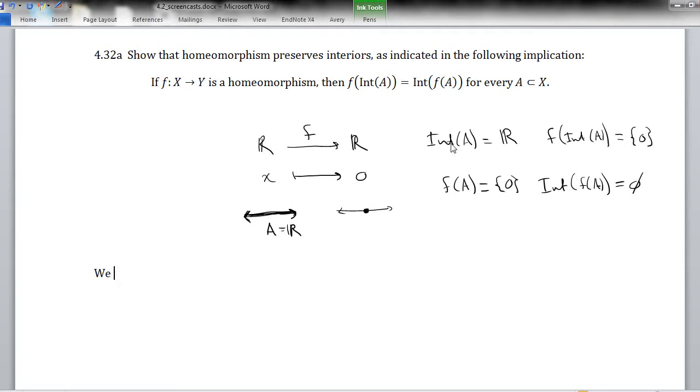We're trying to prove that if f is a homeomorphism, then we do have an equal sign here, so I'm going to prove that each side is contained in the other side.